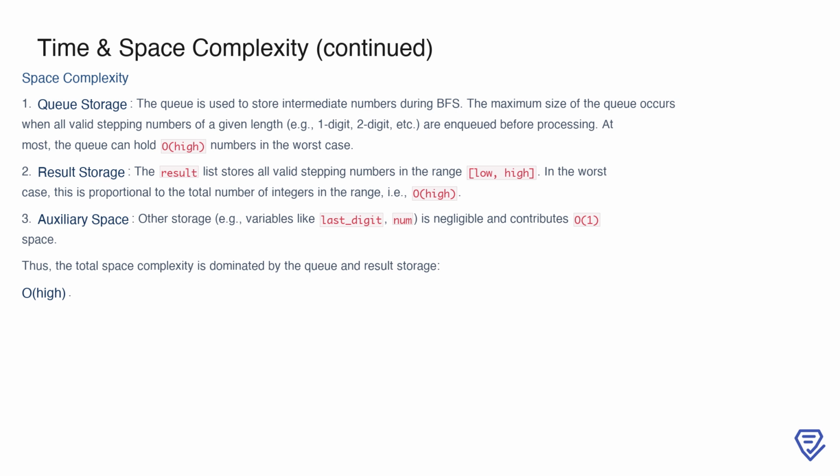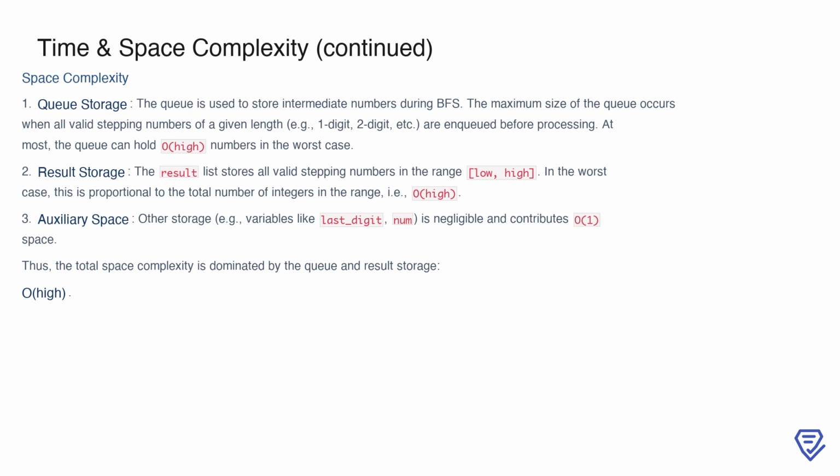Now, let's examine the space complexity. During the BFS traversal, we use a queue to store intermediate numbers. The maximum size of the queue occurs when all valid stepping numbers of a given length are enqueued before processing. In the worst case, the queue can store up to high numbers. Additionally, the result list stores all valid stepping numbers in the range low, high.